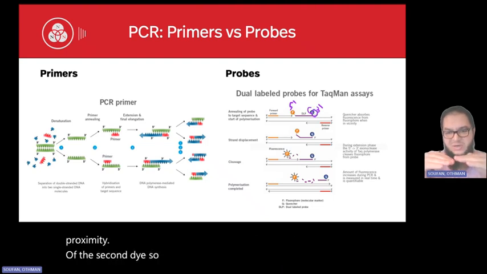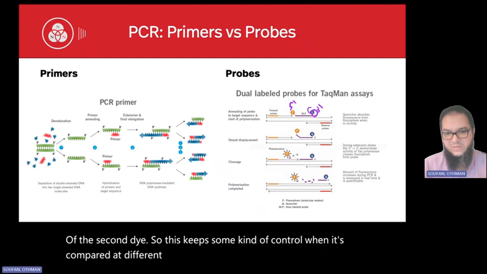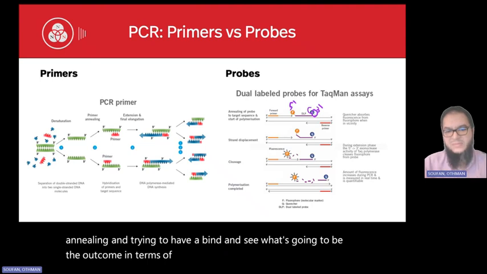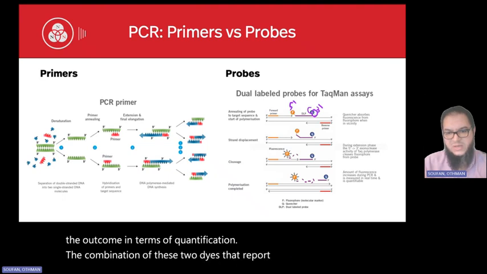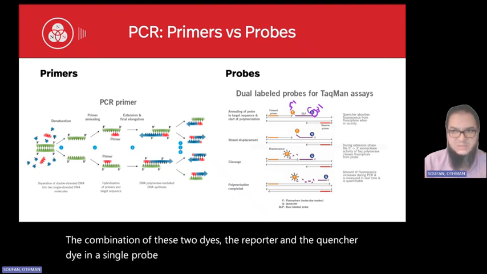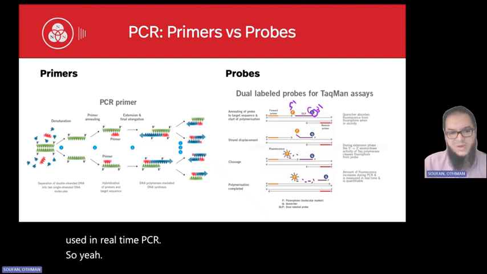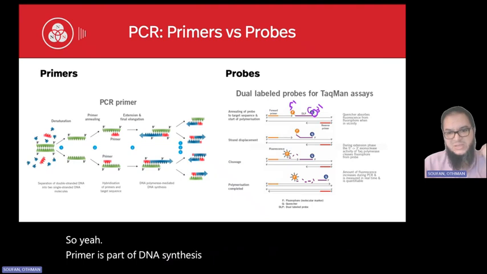This keeps some kind of control when compared at different stages, as you see here, with the annealing and trying to bind and see what the outcome is in terms of quantification. The combination of these two dyes, the reporter and the quencher, in a single probe gives a more specific detection method that is used in real-time PCR. So primer is part of DNA synthesis, the amplification step.